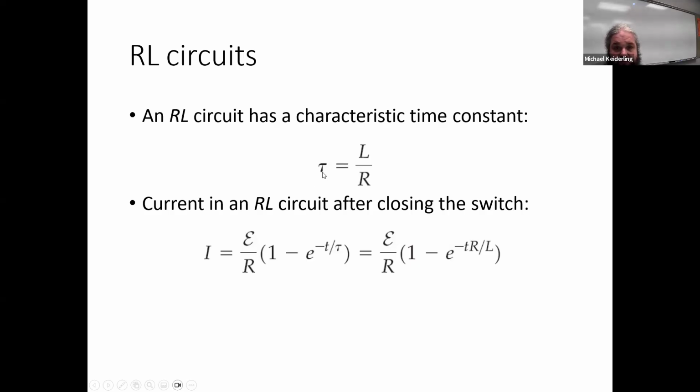So that time constant is the inductance divided by the resistance. And the current after closing a switch on an RL circuit is epsilon, the voltage over the resistance times 1 minus e to the minus t over tau. So that's voltage over resistance times 1 minus e to the minus t R over L.